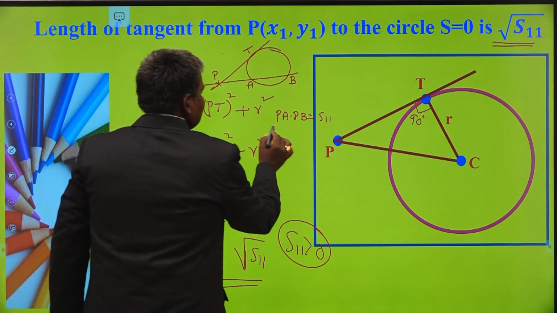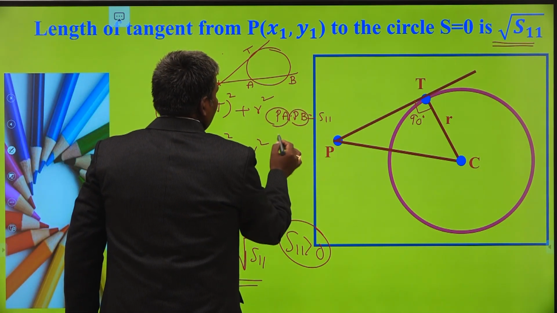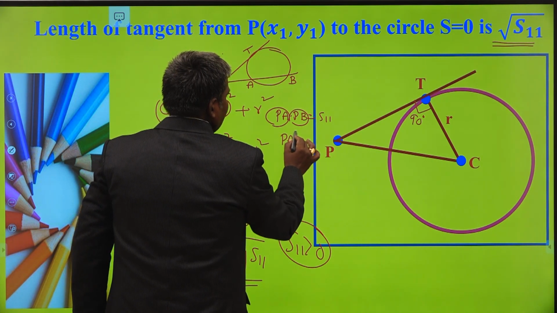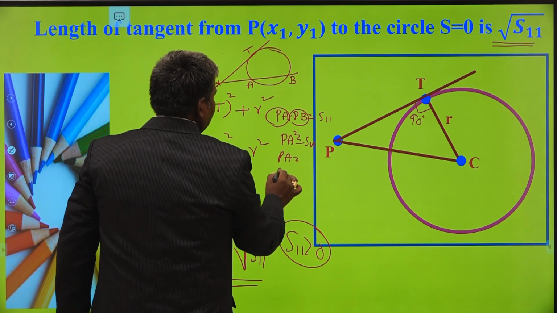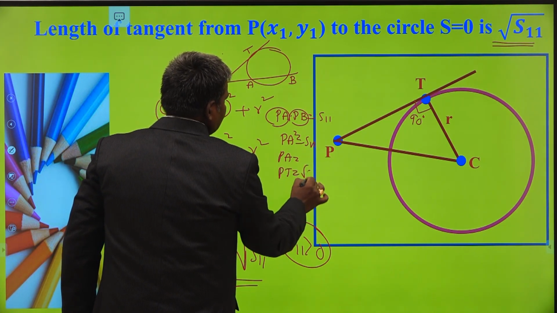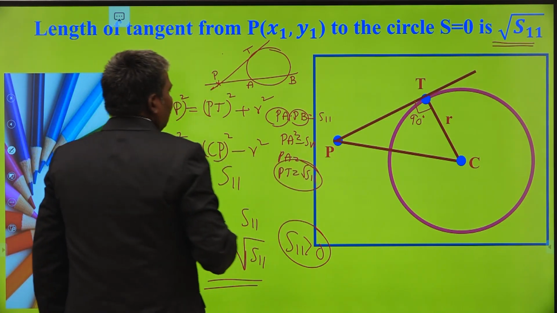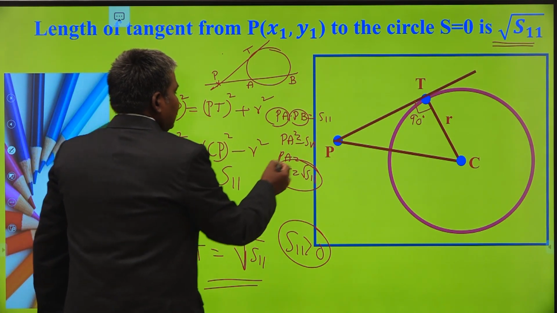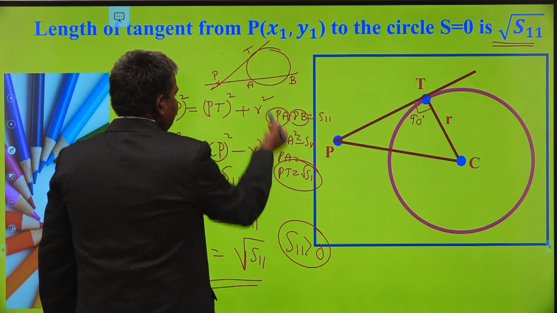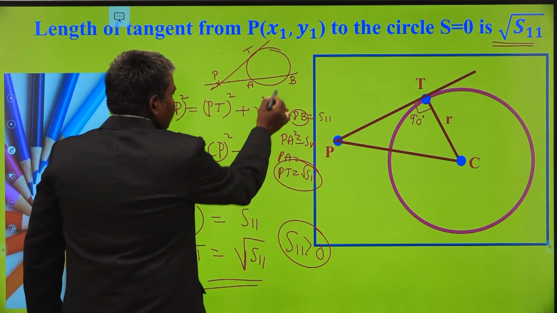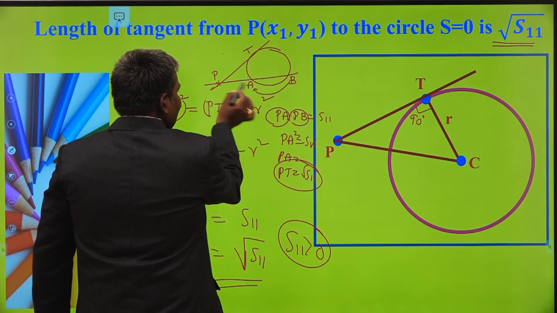If both lengths are the same, then what do we get? PA whole square is equal to S11. PA is equal to PT, that is equal to root S11. Am I correct or not? PT is equal to PA, square is equal to S11. Therefore PA or PT is equal to what? B becomes A, that becomes tangent.